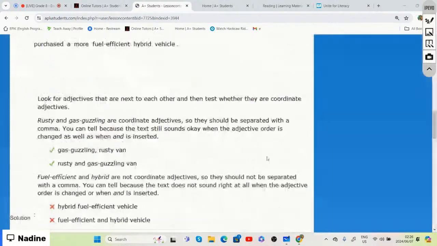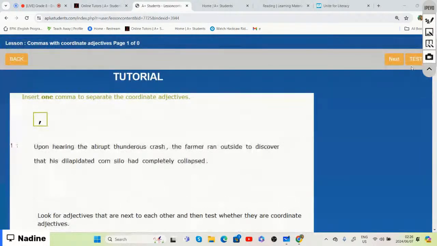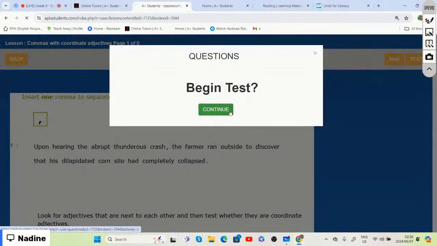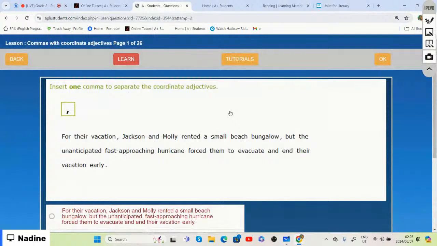All right, now let's go to our test where we're quickly going to see if we are able to identify a coordinate adjective on our own. By looking at our sentence, we have to identify where the comma must go to separate the coordinate adjectives.